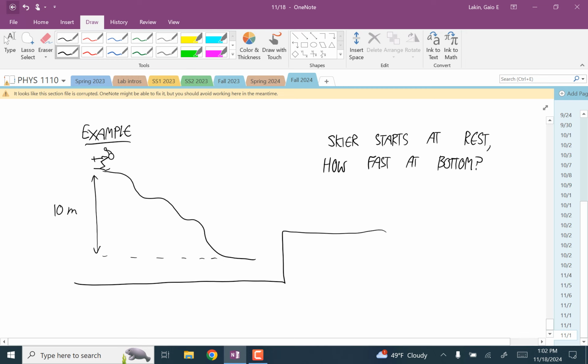Also, we're trying to relate a location to a speed. And then third, the forces on the skier at any instant are a gravitational force and a normal force in sliding. So those fit into the category of things that we can deal with. Okay.